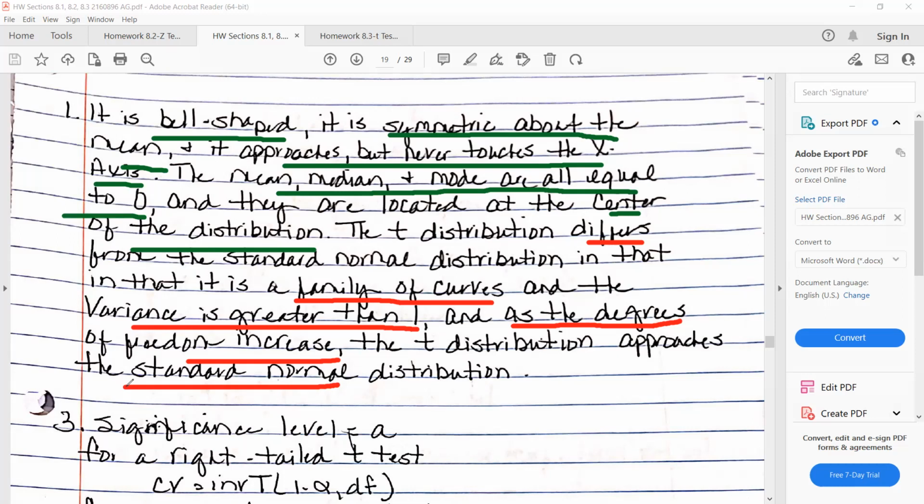The t distribution approaches the standard normal, the standard normal distribution.